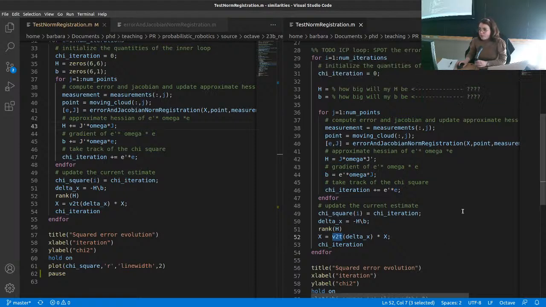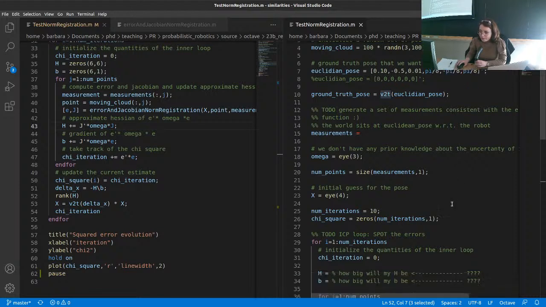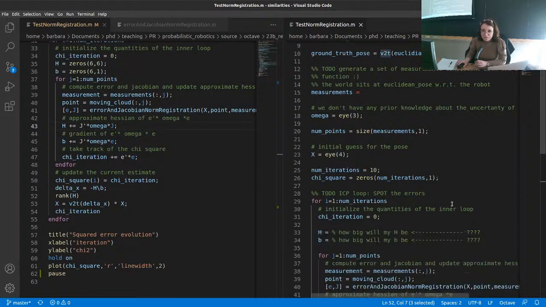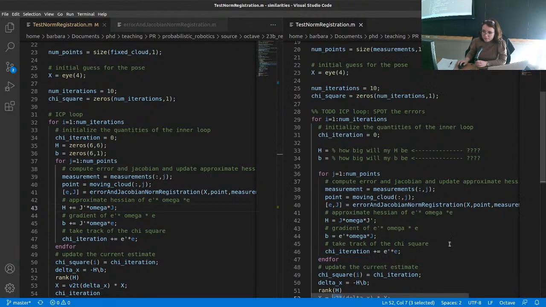Okay, so this is all for the test normal registration file, and if there are no particular questions, then we can move to the error and Jacobian. It's perfectly normal that you're still missing something, or you just didn't notice the plus, for example.